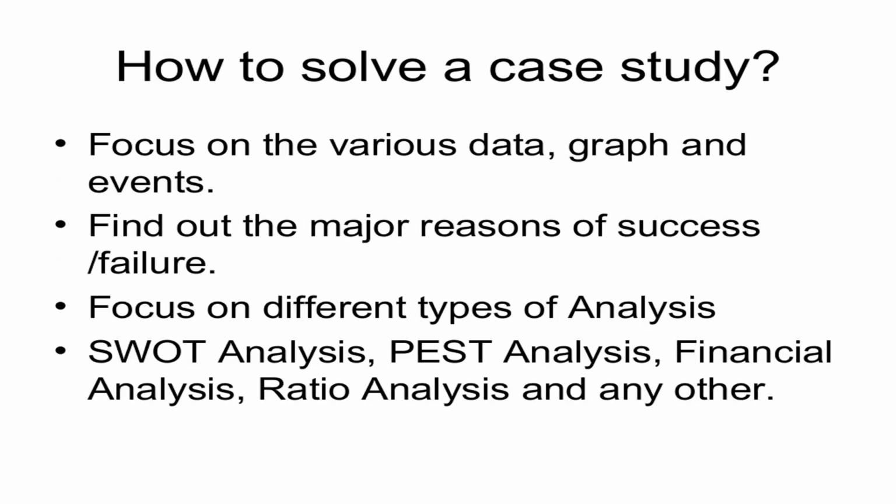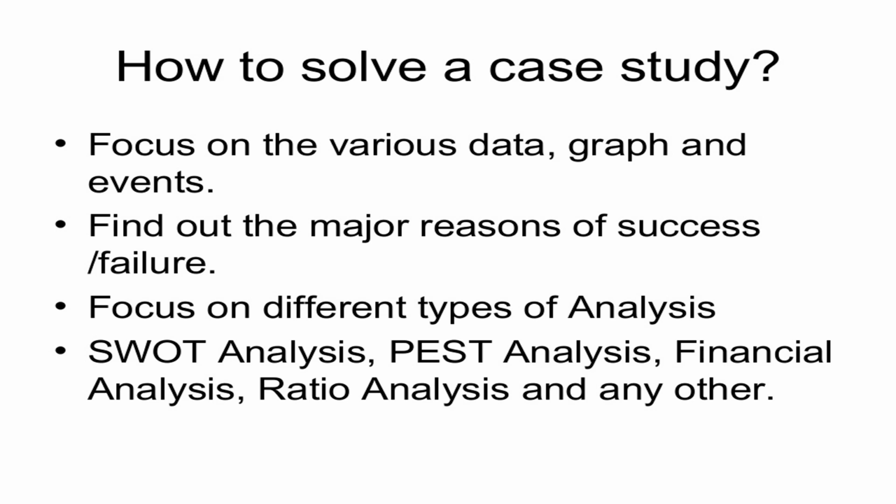So how to solve this? Case studies, depending upon the information, on the basis of data, graph, event, reasons for the success or failure. Then focus on different types of analysis. We'll be dealing with them while we are dealing with the chapters. SWOT analysis is strength, weakness, opportunity, threat.